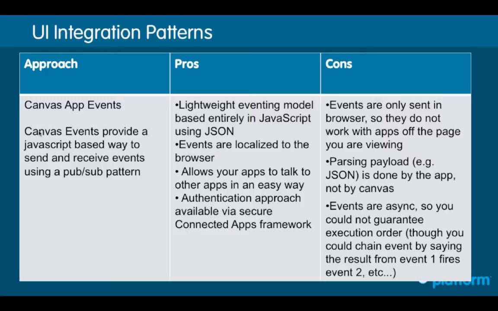You can also pass a payload, which can be JSON or string, to provide whatever context is required by that Canvas app. Some people really like this because there's no information sent over the wire. You can contain all of your communications from one app to the other within the local client.